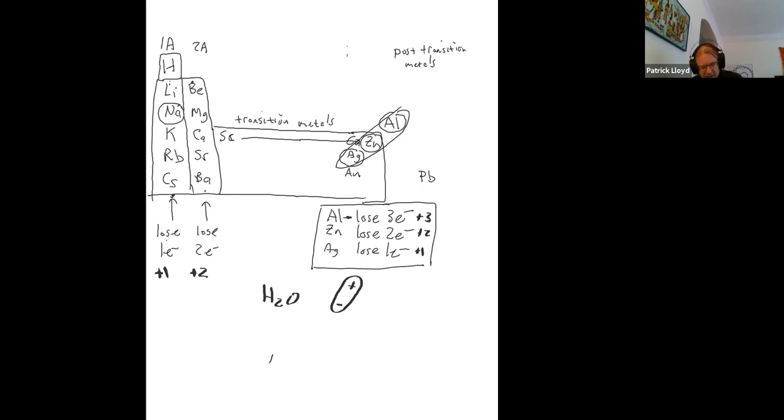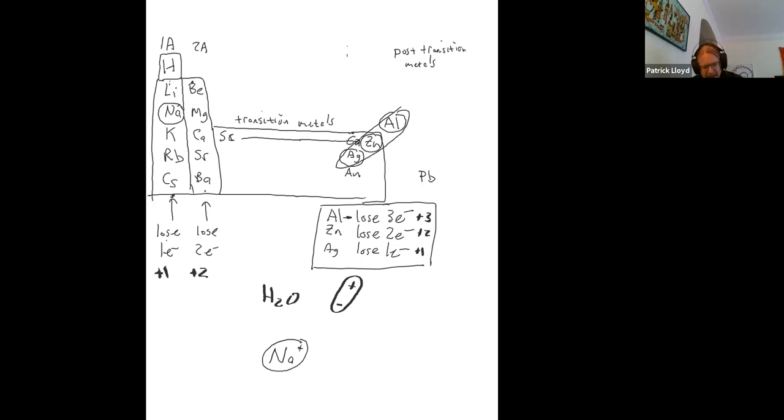So sodium is actually much more likely to be positively charged than it is to be neutral. In nature, the sodium atom is actually very rare. It's hard to find sodium atoms. They tend to form sodium ions, sodium cations.